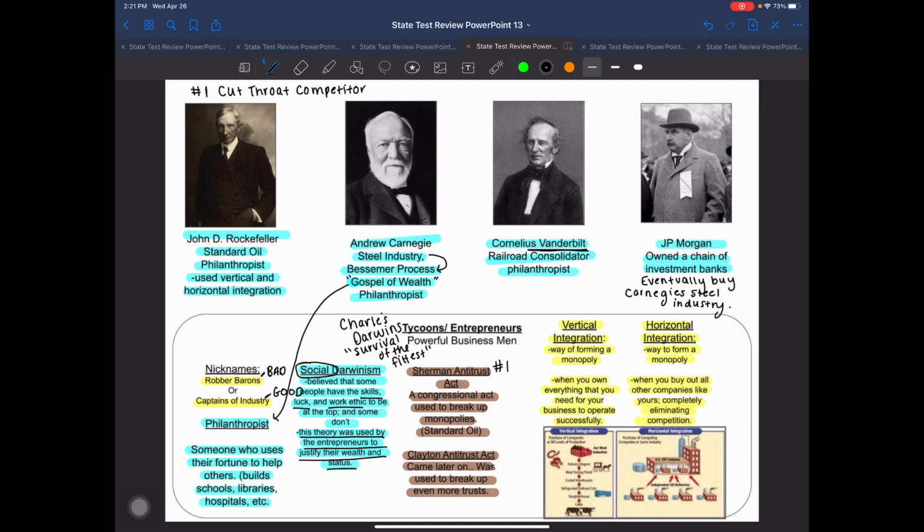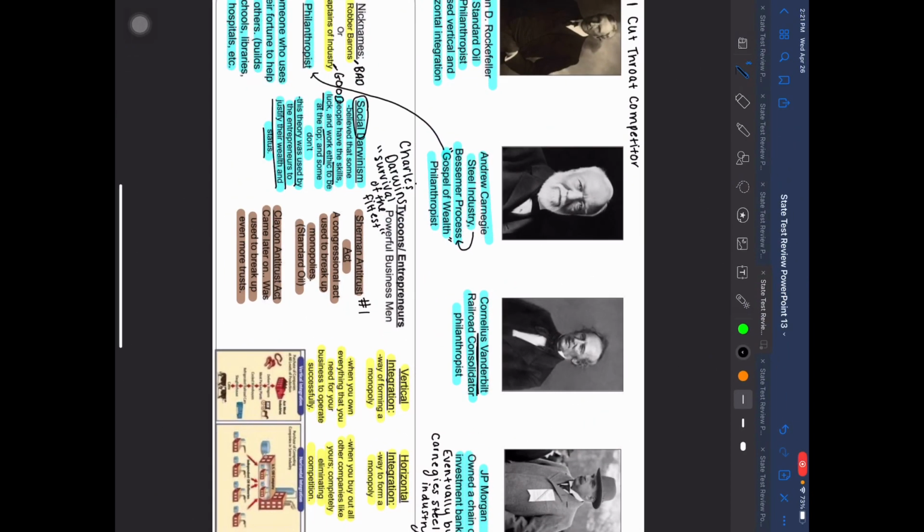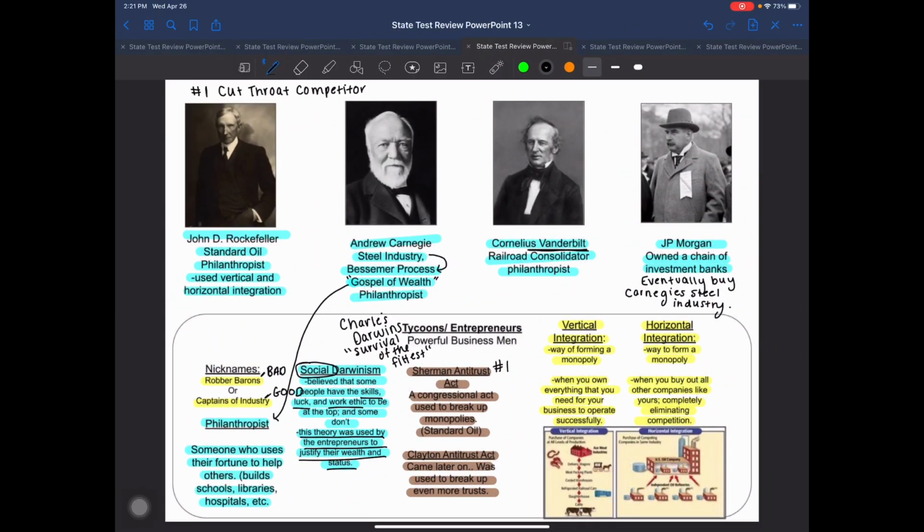If you think of a trust as being a monopoly, the name of this law really gives away what it focused on. It's an anti-monopoly law, okay? This is a congressional law, and it was used to break up monopolies.